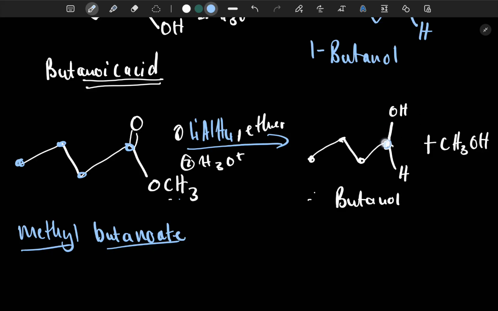If we are counting from the left, this is the first, the second, the third, the fourth. We always count from the closest end to where the OH is attached. So this is 1-butanol, and here we have another, which is methanol. Yay! So we are done, and that is it with these reduction reactions. Let's go ahead and see the last 2. We'll be done.